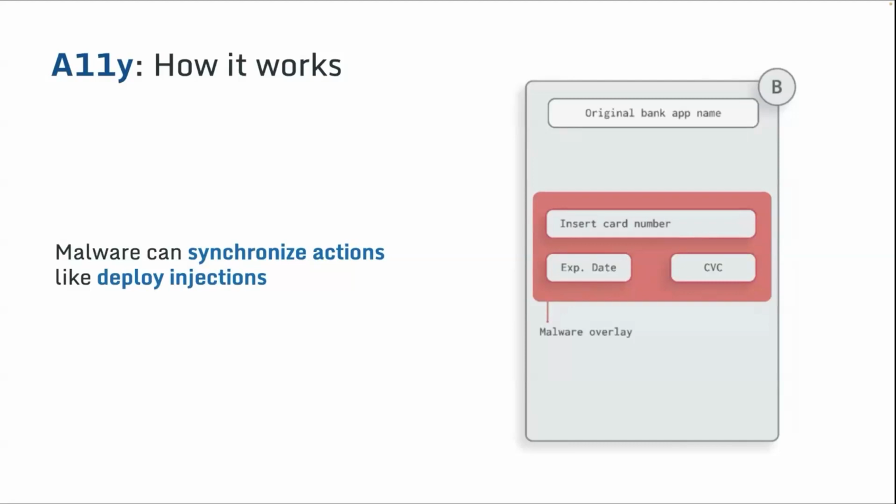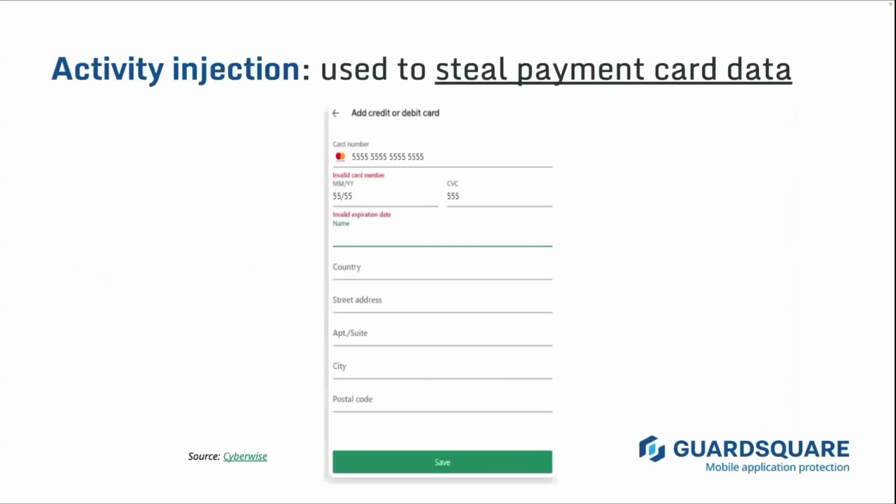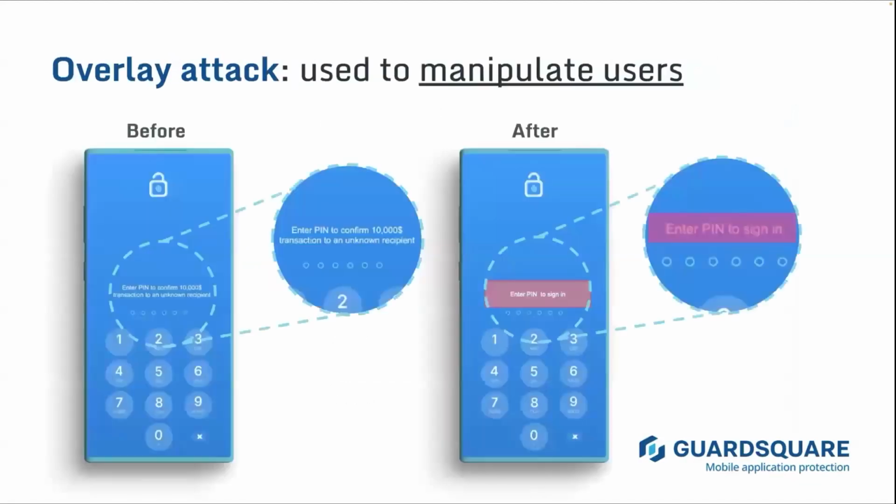This can also be done through an activity injection by triggering an activity on top of the victim with the same purpose, stealing the sensitive payment data. It can be this, or also it could be a login screen.